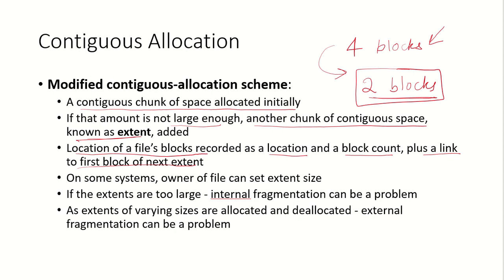So in the information that is being stored for the file, the address of the first block of that file as well as its count, that means the size of the file which is 4, as well as a link to the next extent, this is also stored.